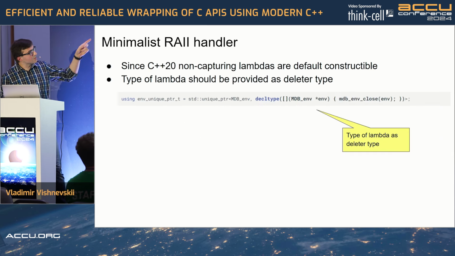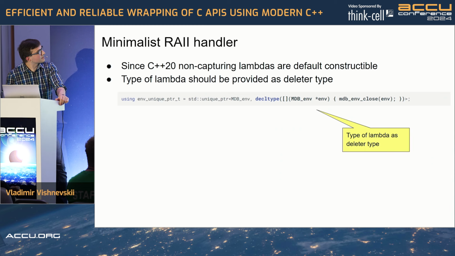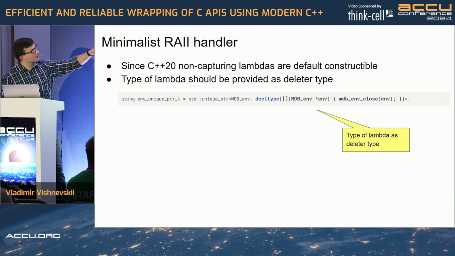Since C++20, we can just specify the type of the non-capturing lambda, because the non-capturing lambda is now default constructible since C++20. So this can be done even shorter.